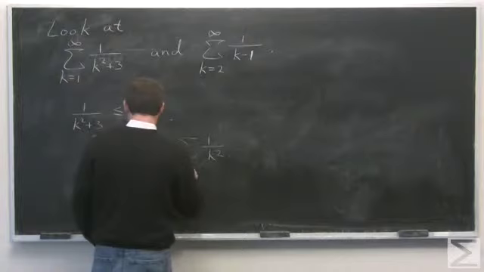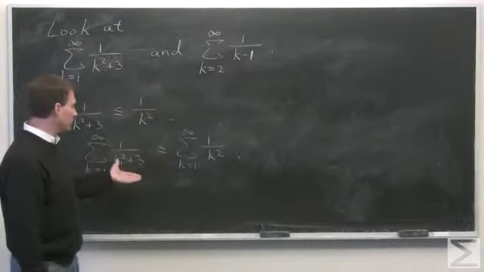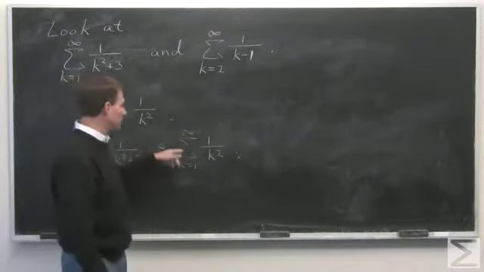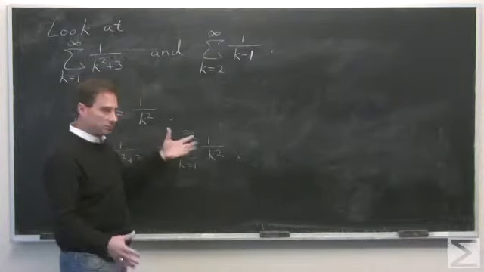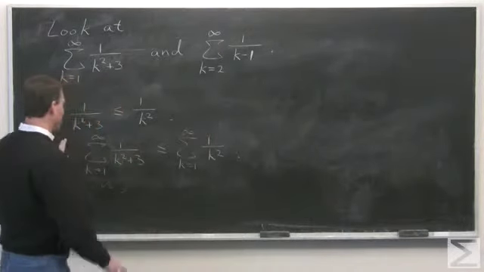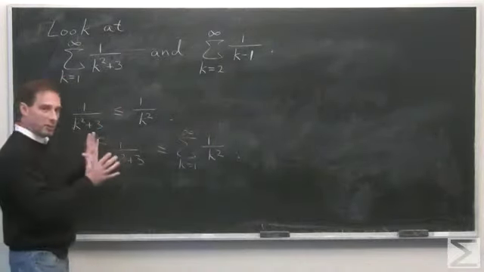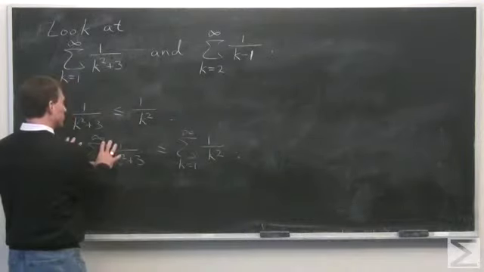And what's true is that this infinite sum is less than or equal to this infinite sum. But this one converges, which means this is some number, right? And this is less than or equal to that, which means that this infinite sum is bounded above. So really the partial sums are bounded above, which means this one converges.